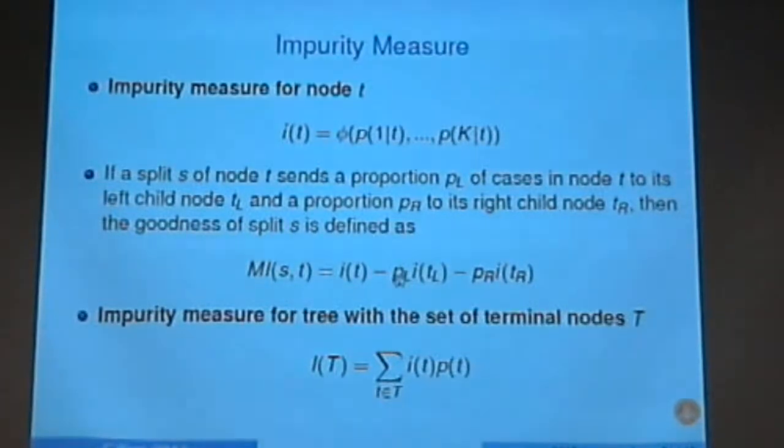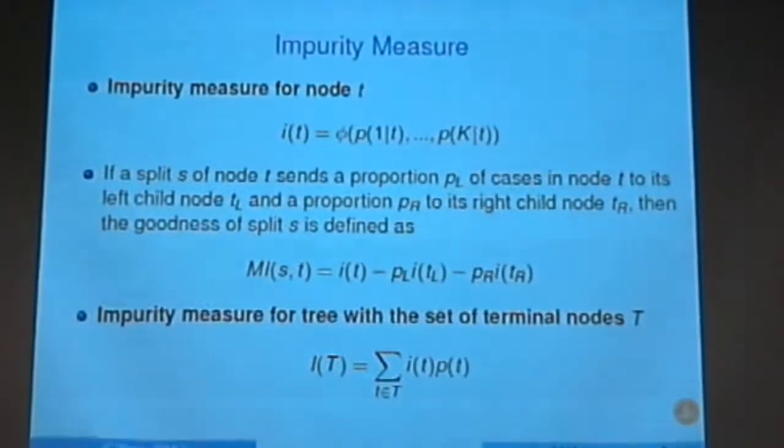I(TL) is the impurity of the left child, and I(TR) is the impurity of the right child. You have the chance of going to the left node with probability PL. So in a sense, these two combined are the weighted average impurity, where the weight is given by the probability.